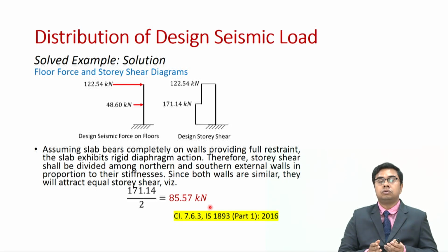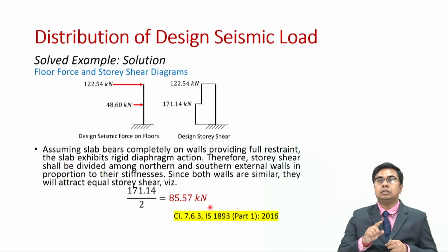Now, at this point I would like to reiterate that this is true for buildings with rigid diaphragm action. It means that we need to ensure that the RC slab of this building is spanning completely over the masonry walls. If it is not spanning completely, it must be anchored properly.